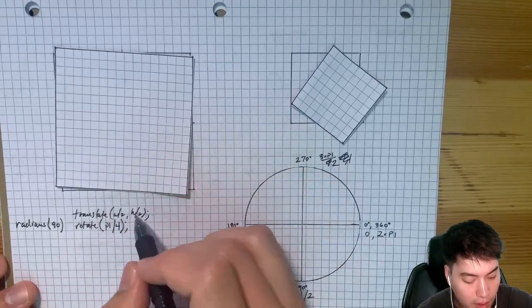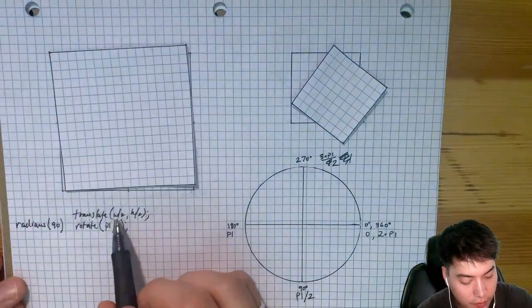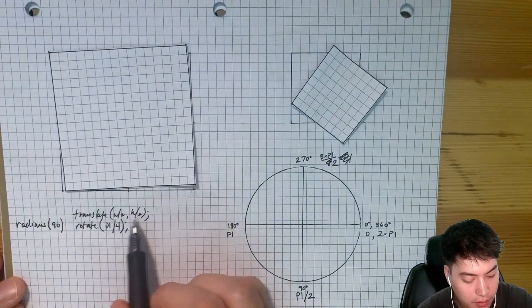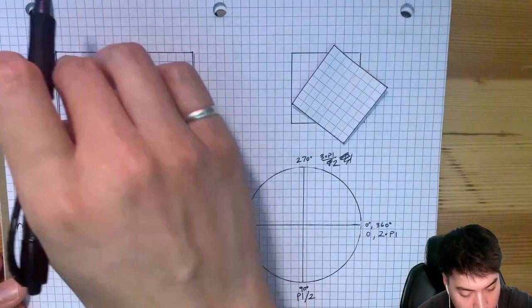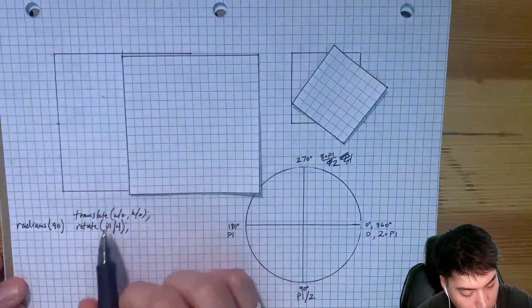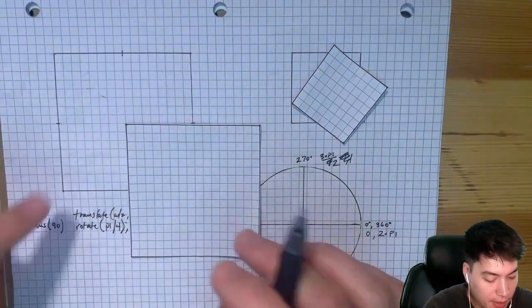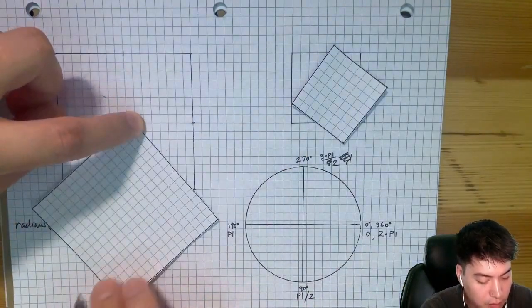This is an x and a y. Translate is going to move this entire coordinate grid by the amount I've put here and the amount I've put here in the x and the y axes. So it's going to move the coordinate system half of the width, and then half of the height, and then it's going to rotate by 90 degrees.